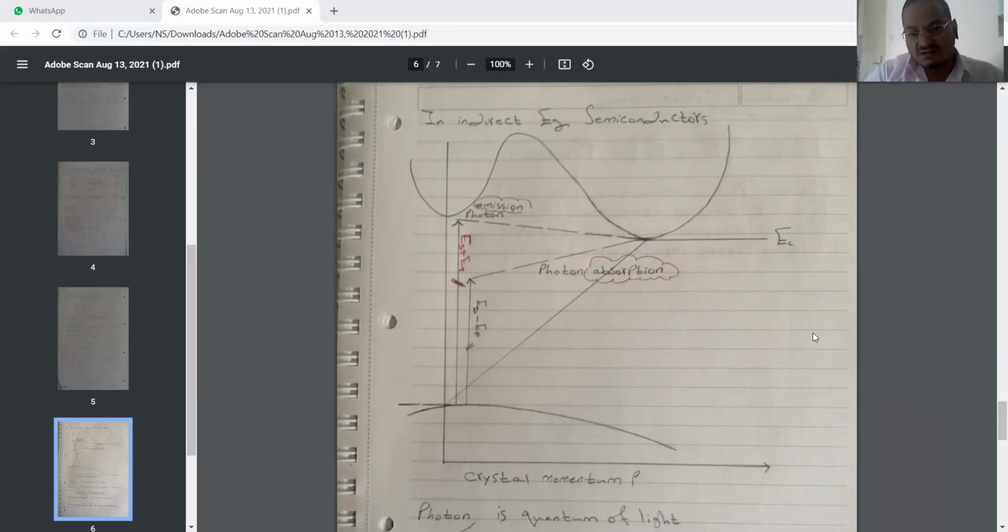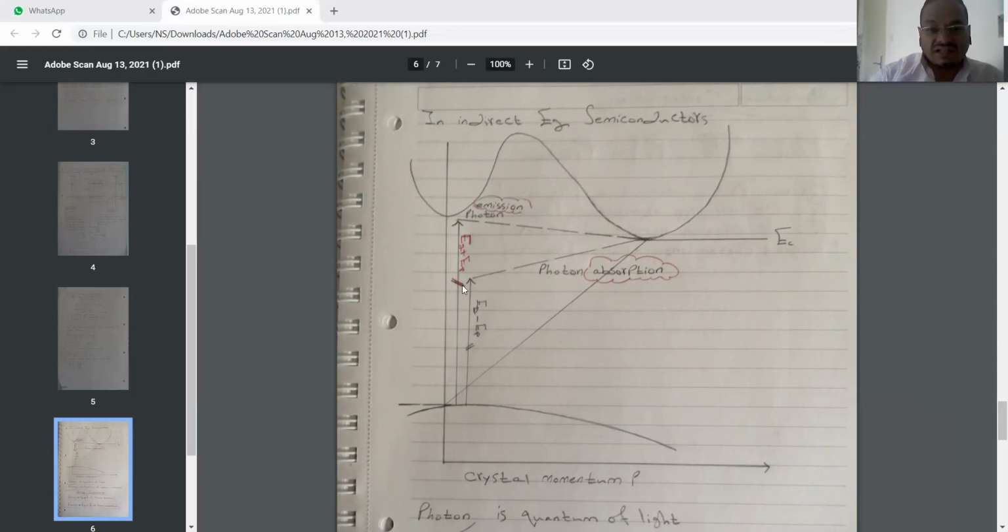Like we see here, the important thing, and I used the red pencil: photon absorption and photon emission. Here is the absorption line, the shorter line. The absorption here equals the energy band gap minus E_p, the energy of momentum.